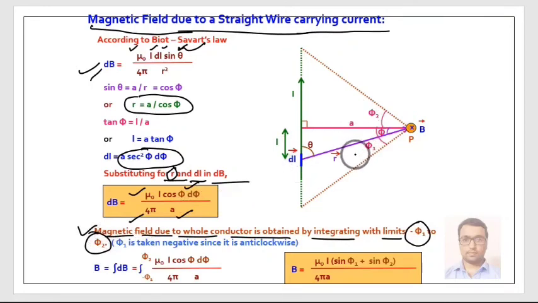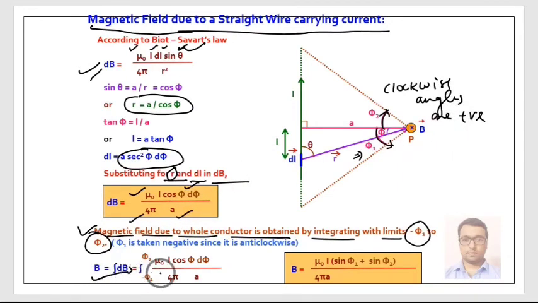Why are we taking minus phi 1? Because this is in anti-clockwise direction and this phi 2 is in clockwise direction. We have considered clockwise angles as positive. So integration of dB will be minus phi 1 to phi 2, mu naught upon 4 pi, I cos phi d phi upon a.